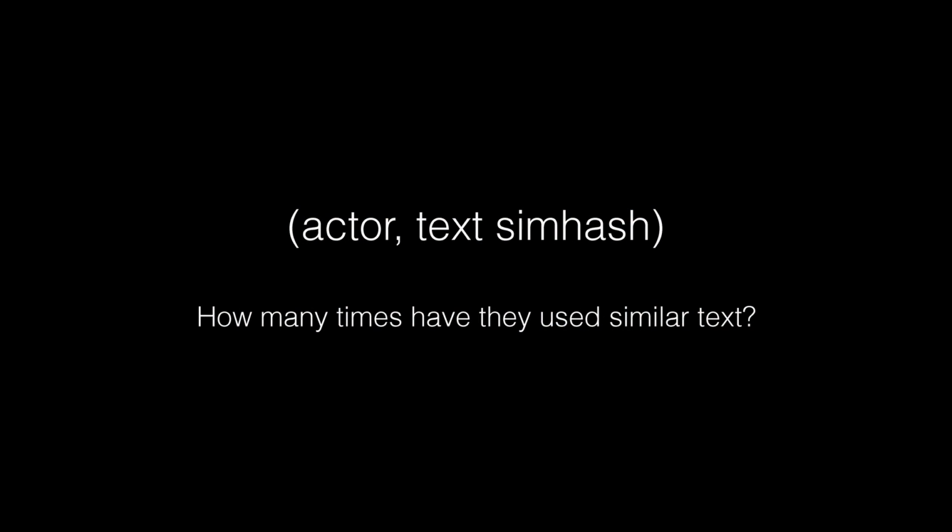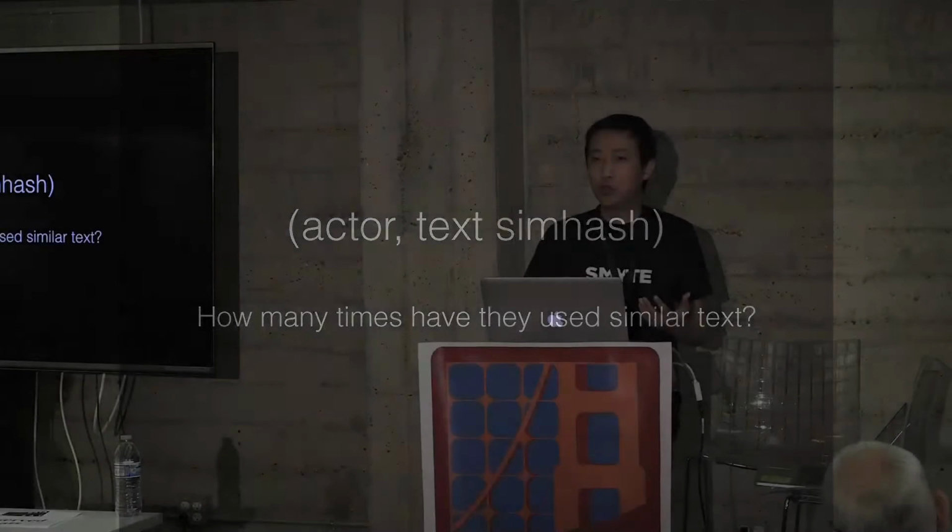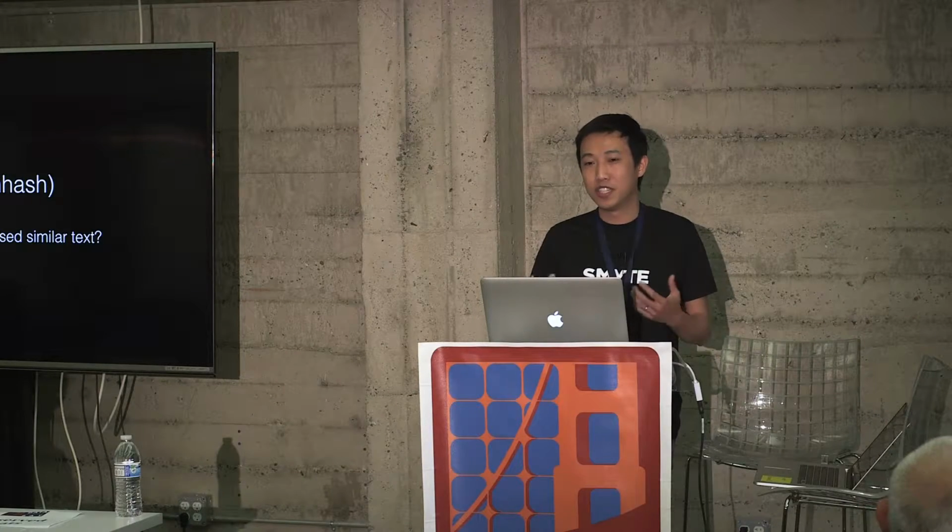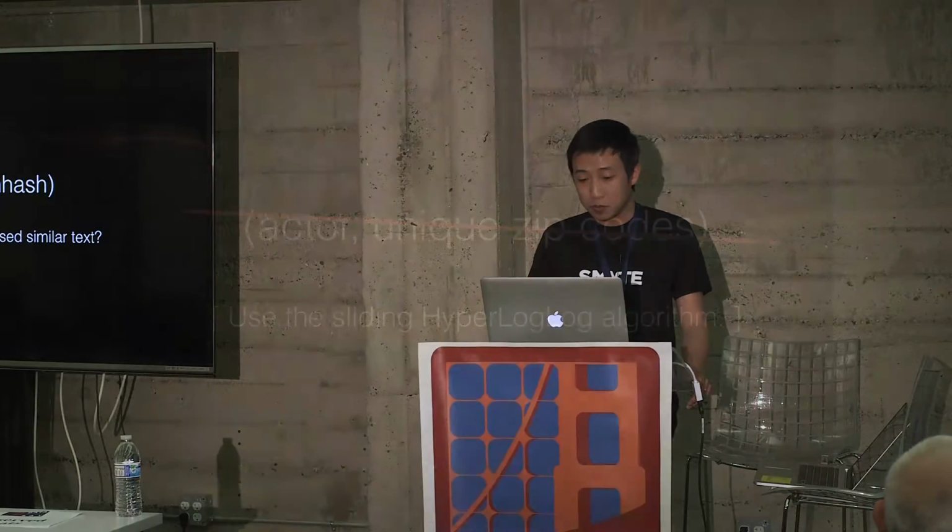Similarly, we can also count accounts for people who are sending a lot of messages that are very similar to each other, which we'll use as a feature and a signal for detecting spam messages.